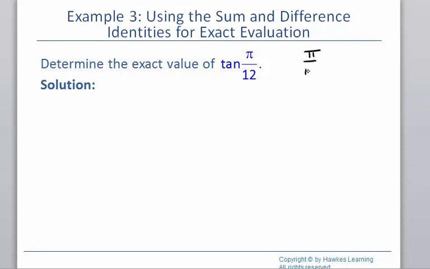Now, how do you convert a radian measurement to degrees? Remember that you multiply by 180 over pi. And so you'll see that your pi's will cancel here. You're left with 180 over 12. Which is going to equal 15. And so you could look at this problem as being a problem asking you to find tangent of 15 degrees.